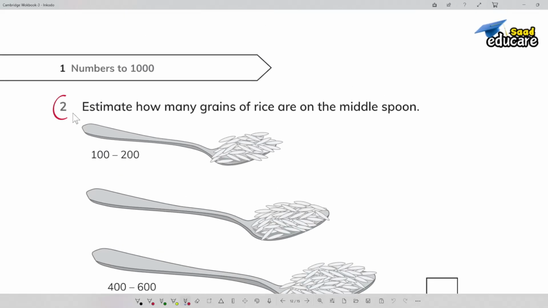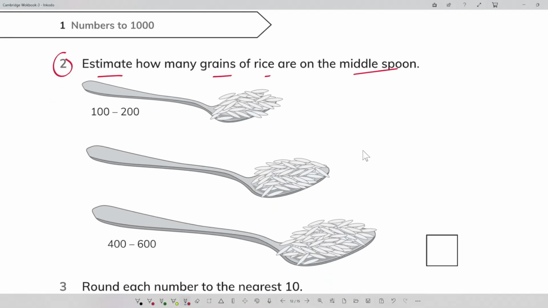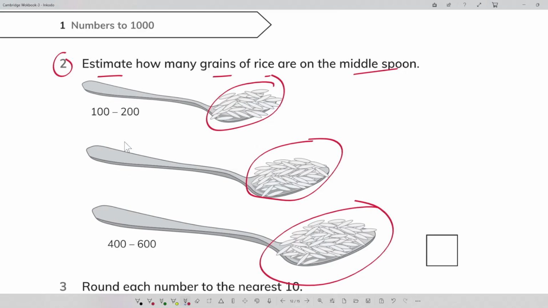Number 2: estimate how many grains of rice are in the middle spoon. It's really tough to find out how many grains of rice. So let's think, here is fewer, here is much more, and here is more. The first one is 100 to 200 and the final one is 400 to 600.